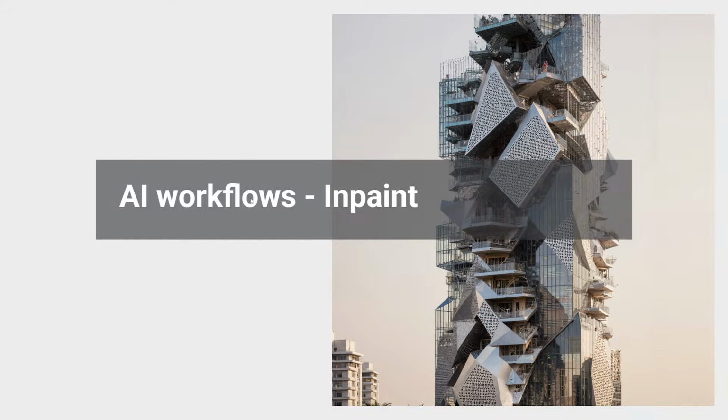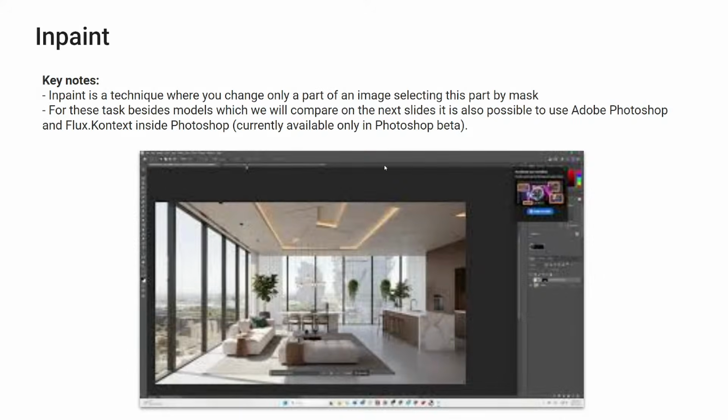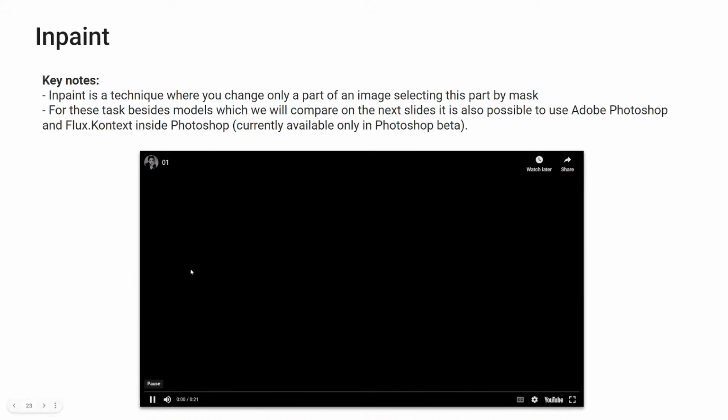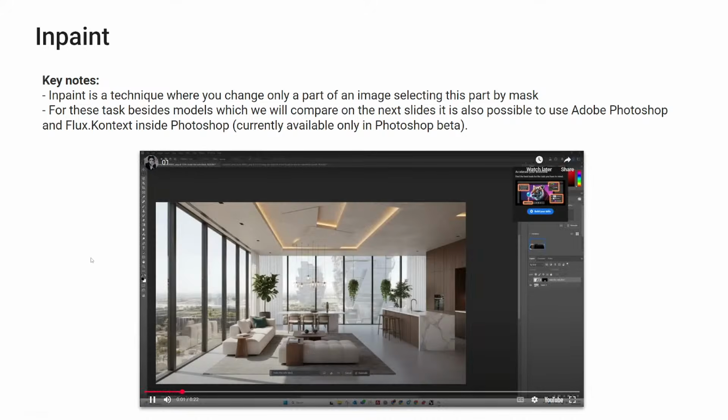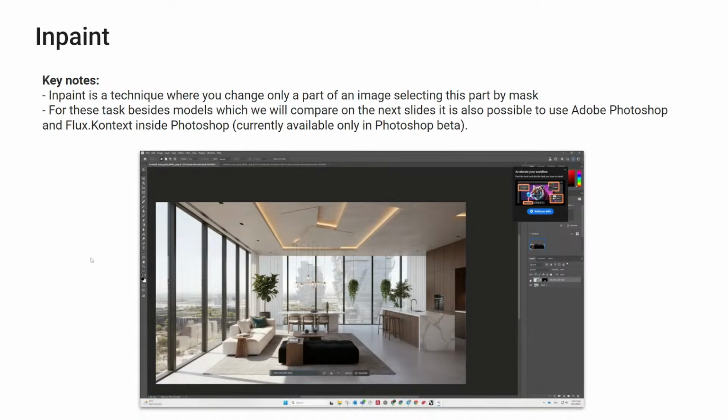Next task is Inpaint. It's about the question from Natalia about whether it is possible to use a mask for Gemini or not. So now we can check it. Inpaint is basically a technique where you just draw a mask and change one part or another of the image.